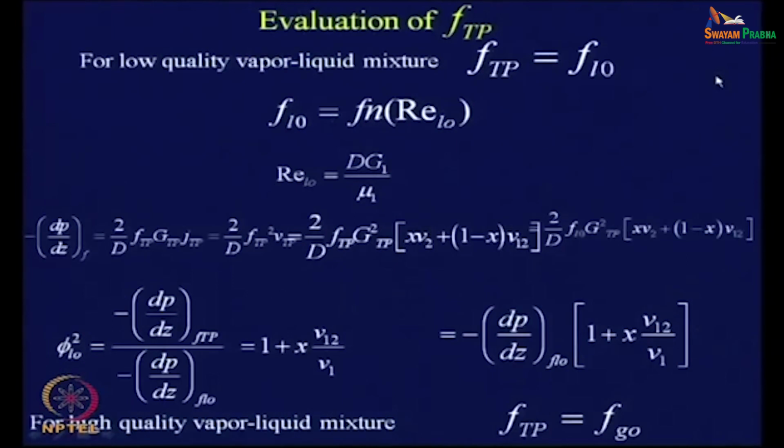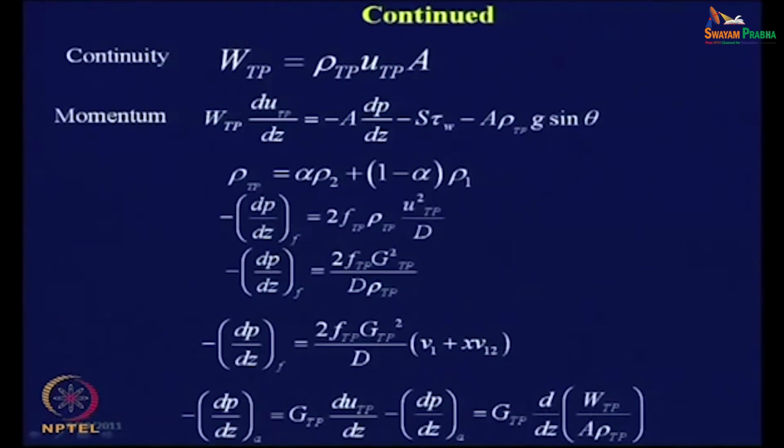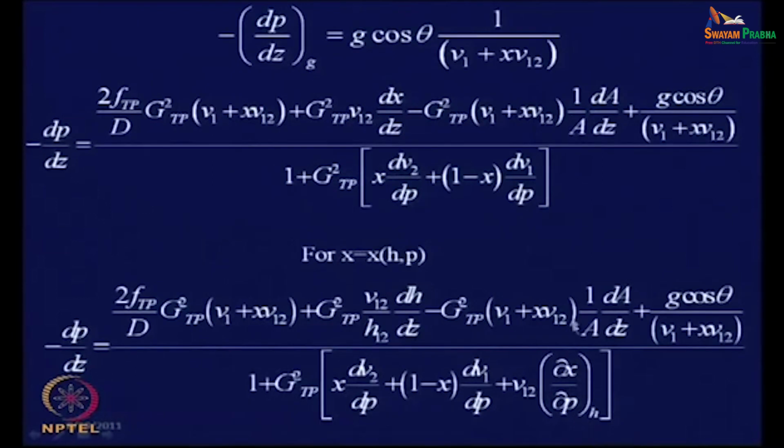Now, notice certain things. For the acceleration pressure gradient, it can change due to a change in density, and it can change due to a change in area. In our case, we do not consider the change in area at all, it is a vertical circular pipe.